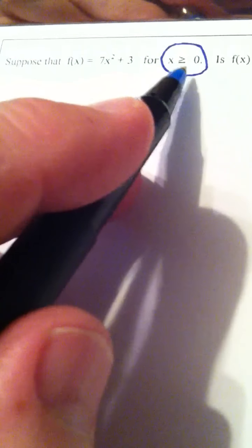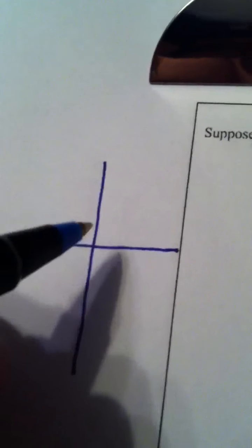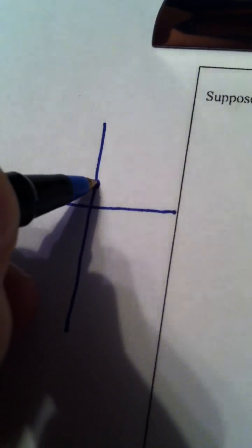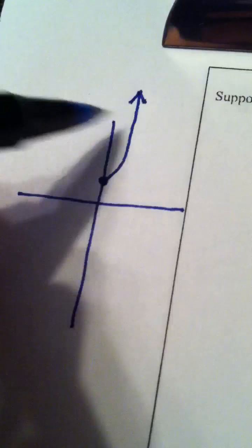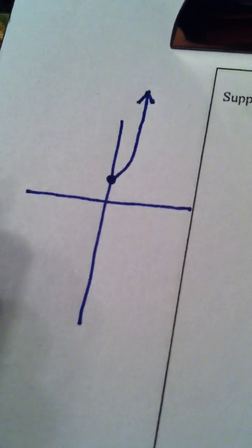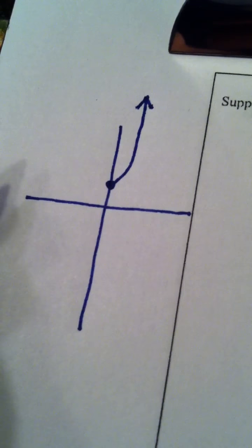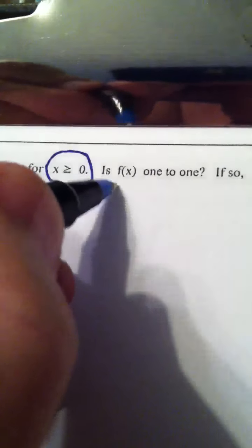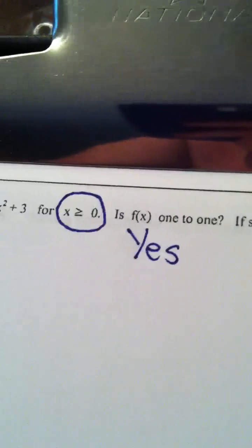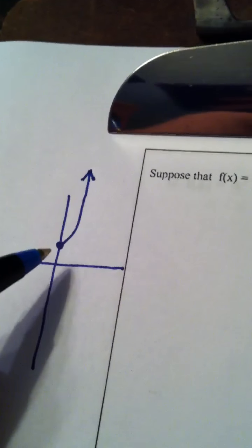But if you restrict your view only to quadrant 1, then we're getting just this branch of the parabola, and it would pass the horizontal line test, making it a one-to-one function. So when it says, is it one-to-one, the original graph would not be, but with this restriction, yes. We have made f a one-to-one function because of the domain restriction.